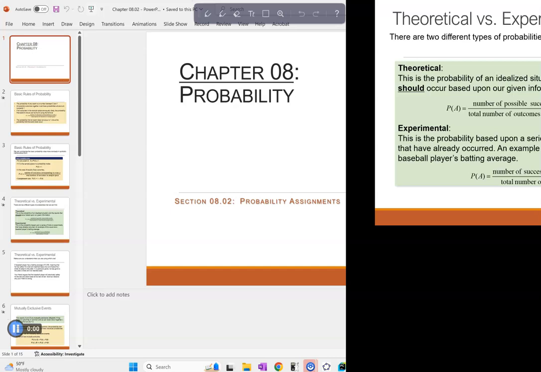And if that's 500-ish, we can probably safely assume the coin is fair. If it's way out of whack, we can probably assume that this coin is unfair. It's weighted to either heads or tails. Another example of an experimental probability might be a baseball player's batting average, right? That's computed over the course of a season, over 400 or 500 at-bats.